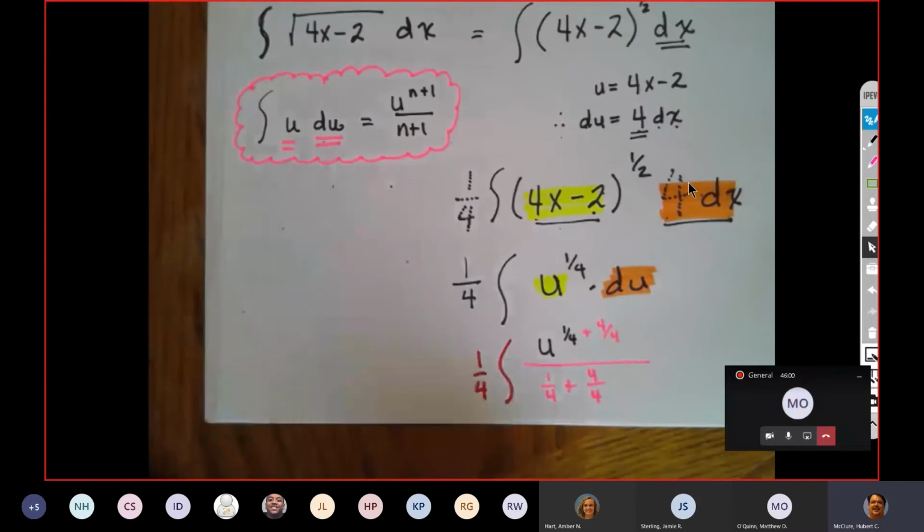Okay, now I want you to finish it because we're done with the calculus. So go ahead and finish it and we're going to replace the u last. We're going to put that 4x minus 2 back in.